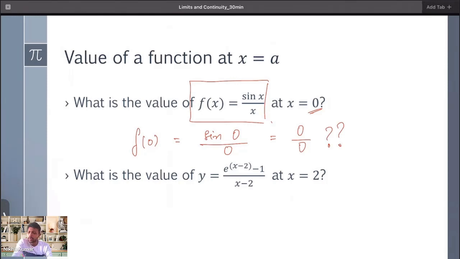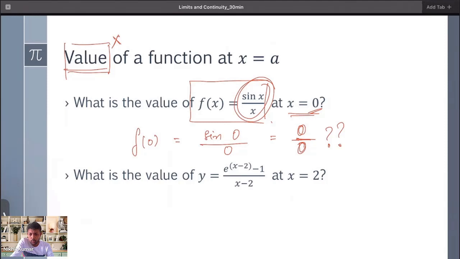I can't really find out the value of 0 upon 0. This is something which is not defined. No one knows the answer to this. So we definitely know that we cannot find the value of sine x upon x at x equal to 0. So the value of this function is difficult to find at this point at least.